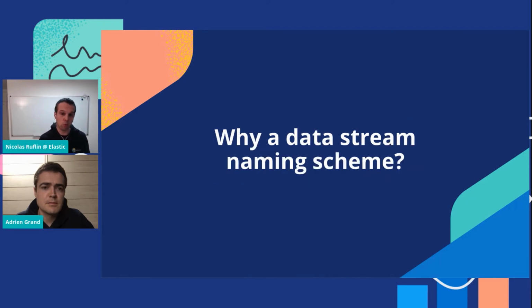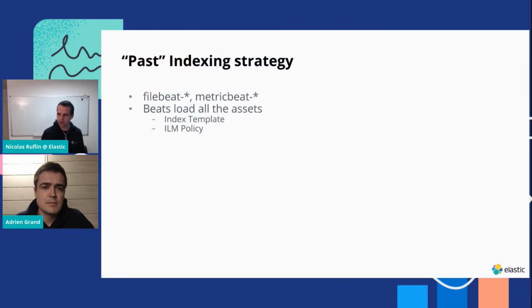So first, why a data stream naming scheme? There are many ways already to index data, but the one I'm initially going to talk about is the past indexing strategy. I worked a lot on Beats. With Beats, we had Filebeat-star, Metricbeat-star; basically all logs and all metrics went into a single index.